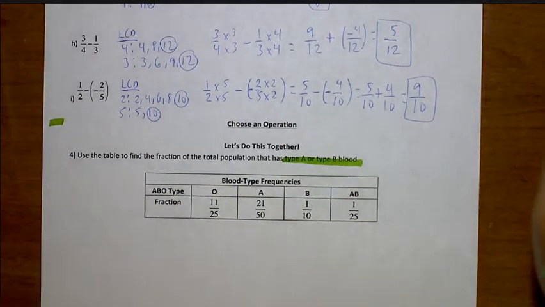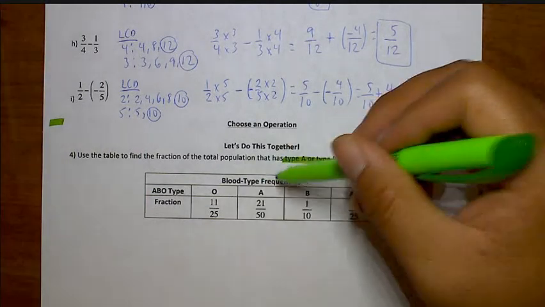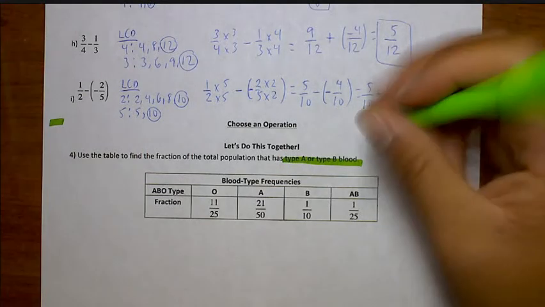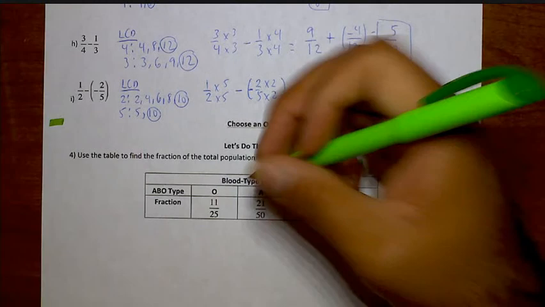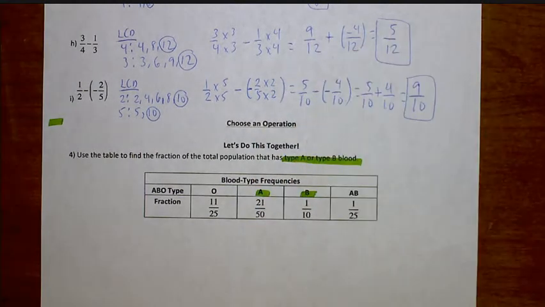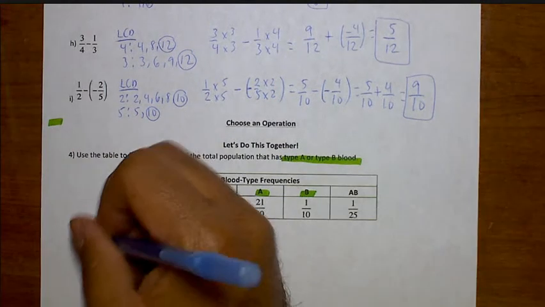All right, common multiples of 50 include 50, and we'll stop there for now. How about 10? 10 times 1, 10, 20, 30, 40, 50. There you go, my LCD is 50. So let's rewrite these fractions as 21 over 50 times 1 plus 1 over 10 times 5 over 5.